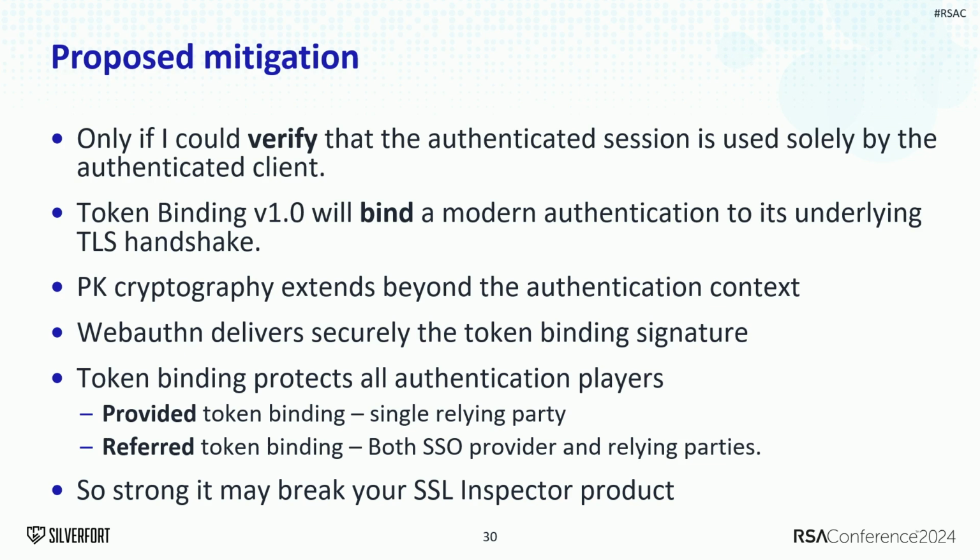It is again used by public key cryptography that extends beyond the authentication context itself, as we've just seen earlier. WebAuthn may be used as an infrastructure to securely deliver. We can actually use FIDO or modern authentication methods to deliver the signature of the TLS itself to the relying party, and use the great features that we've seen before that FIDO provides.